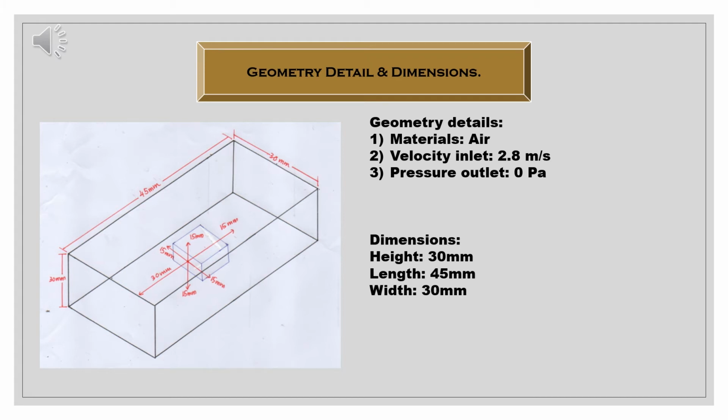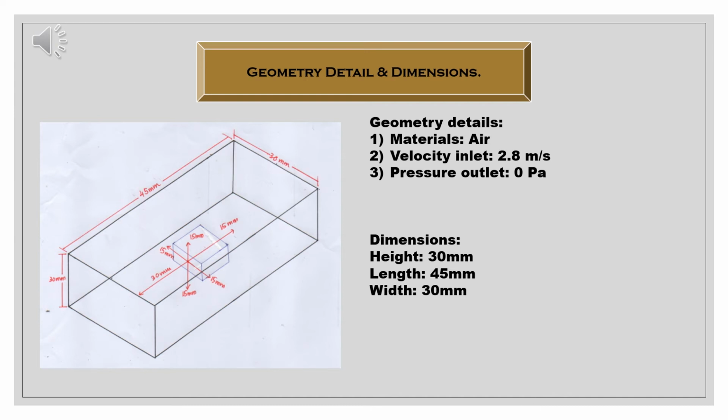So this is the last dimension that we have tried, and it can run in the simulation. The geometry details: the first one is materials, which is we choose air. The second one is velocity inlet, which we insert as 2.8 meter per second.